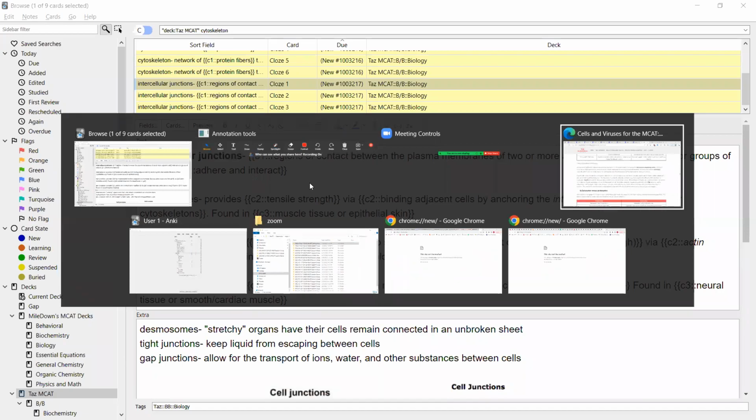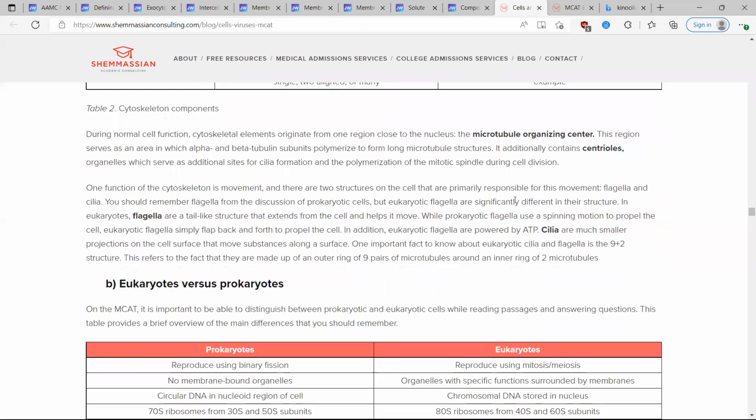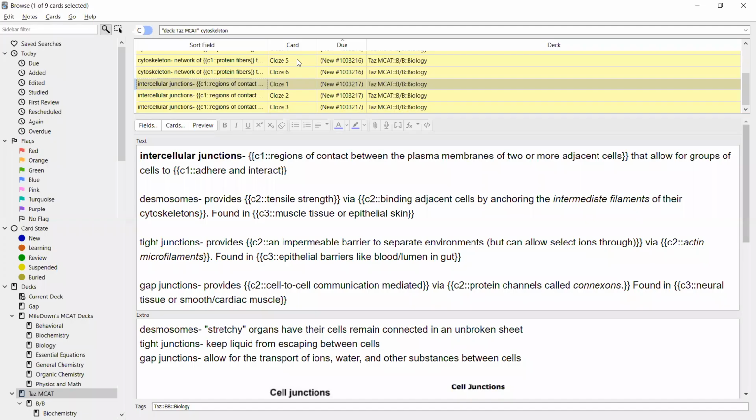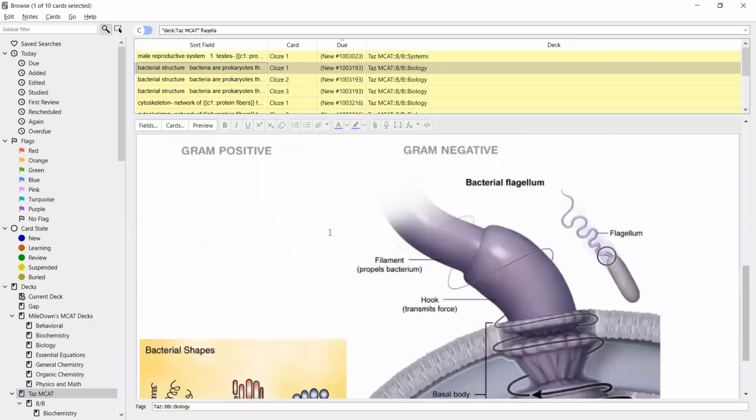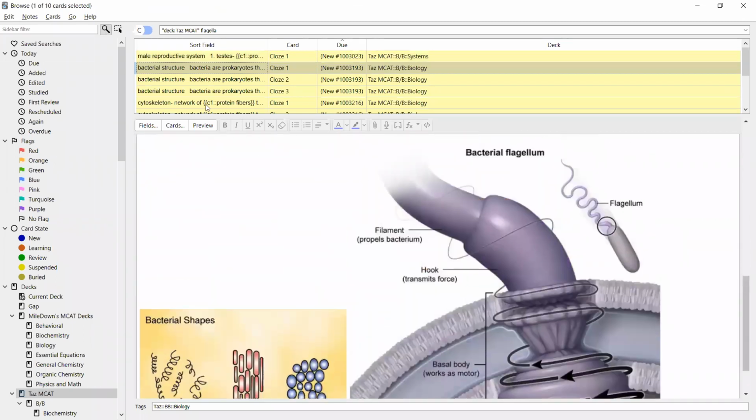So overall, let me see, where are we at? Flagella and cilia. Oh yeah, I can also talk about flagella and cilia. So we talked about their role in the cell.